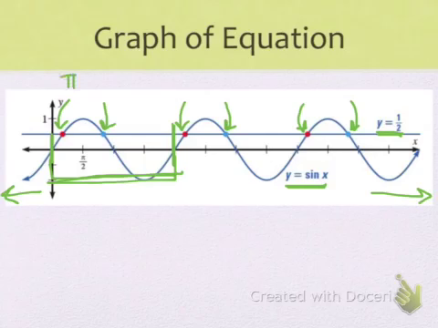One is at pi over 6, which our calculator would have given us, but then the other is in the second quadrant at 5 pi over 6. So within one period of my sine function, there are actually two different angle measures that would give me a 1/2 if I took sine of them.